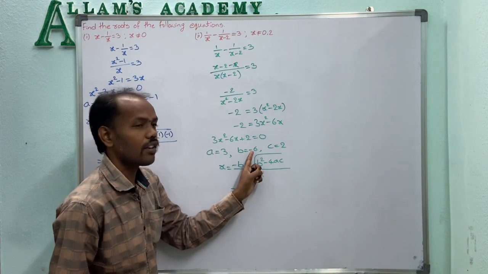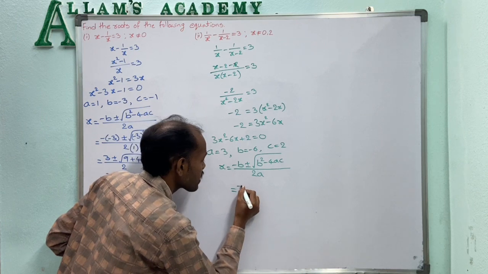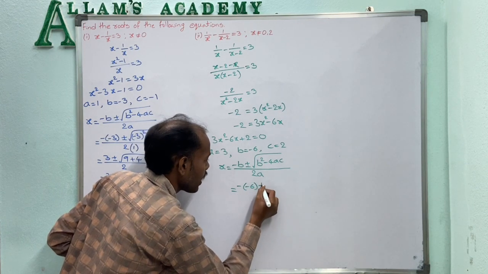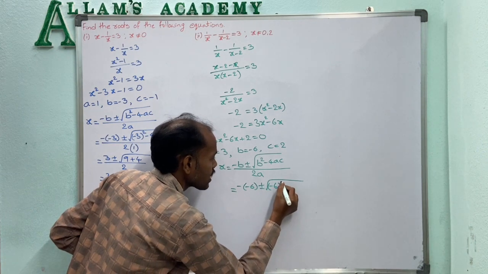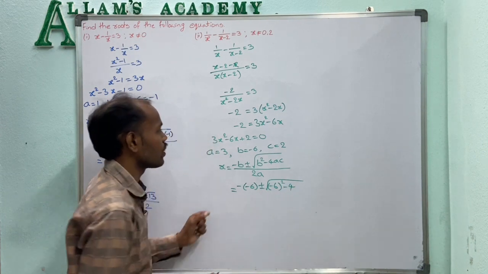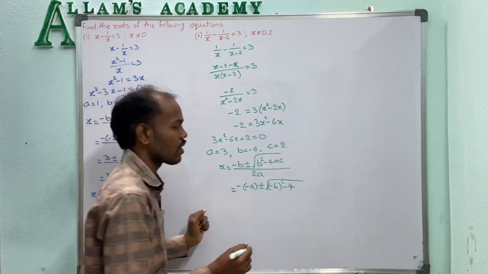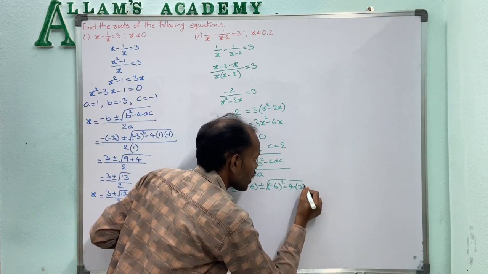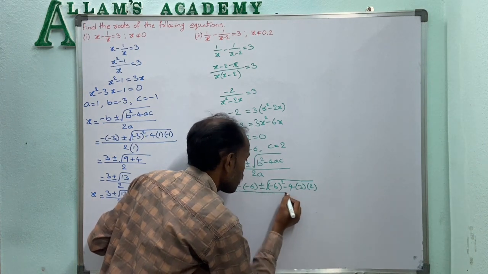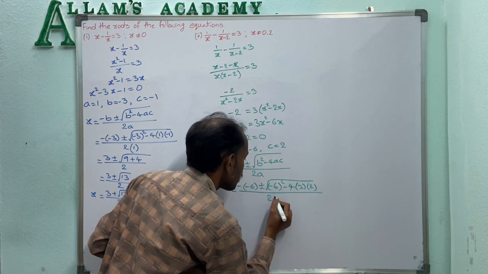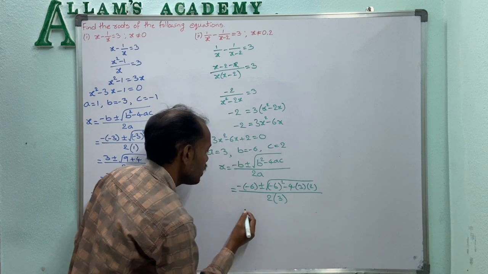Now here b value is minus 6 given, so minus of minus 6 plus or minus under root b square, minus 6 whole square, minus 4ac, 4 into a equal to 3, c equal to 2, 4 into 3 into 2, by 2 into a value is 3.